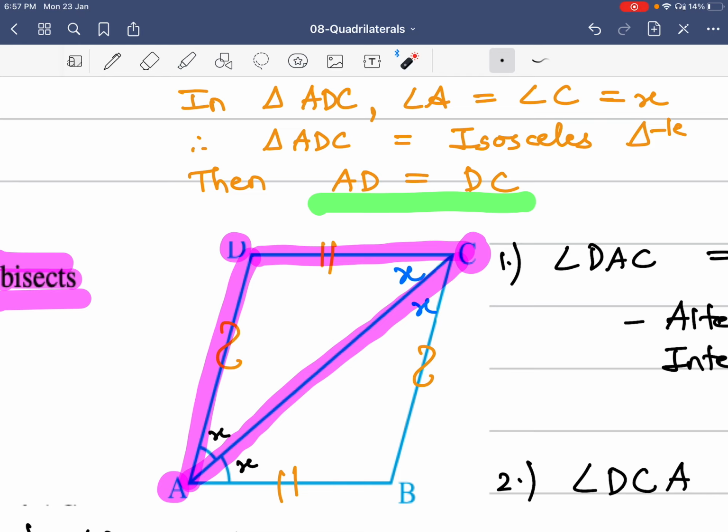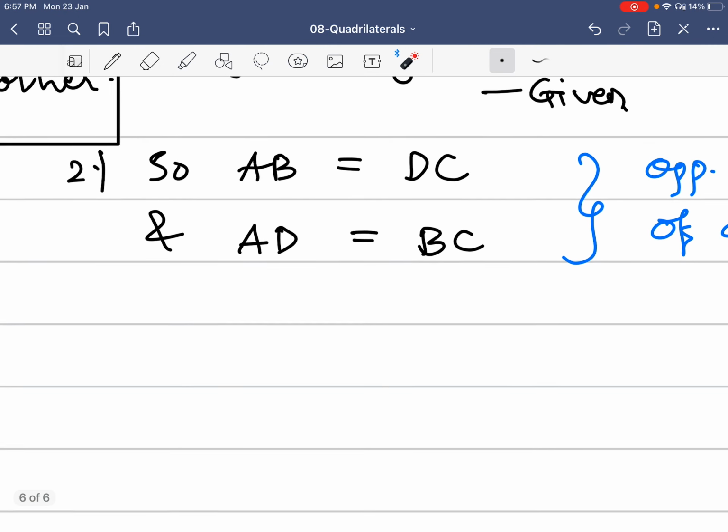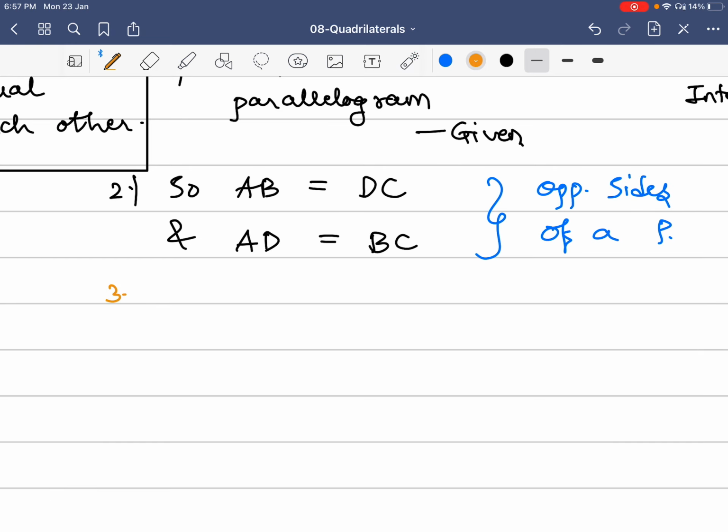Now AD is equal to DC. Now let's come down here. I'll try to zoom out. Now I'm going to make point number 3. AD is also equal to DC, just now we proved because triangle ADC is isosceles.